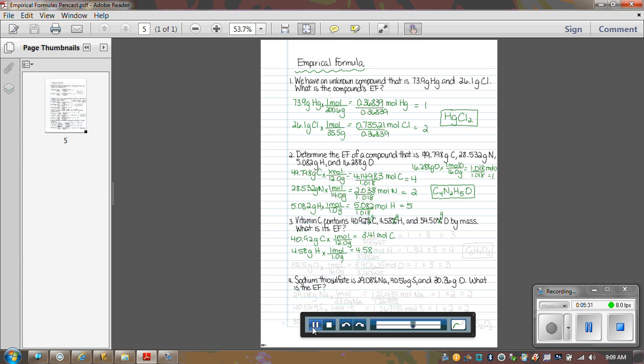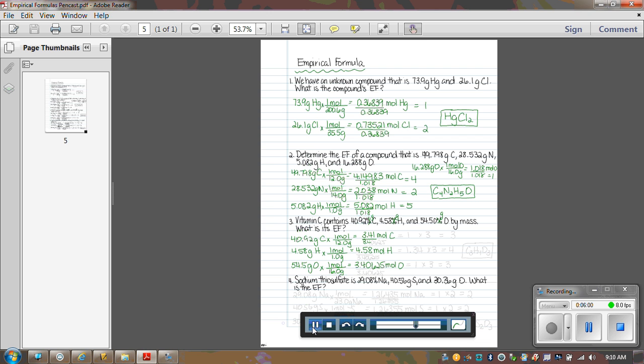Gives me 4.58 moles of hydrogen. And then I have 54.5 grams of oxygen. So I put the molar mass in, and that gives me 3.40625 moles of oxygen. Look for the smallest one, which is the 3.40 value with oxygen.